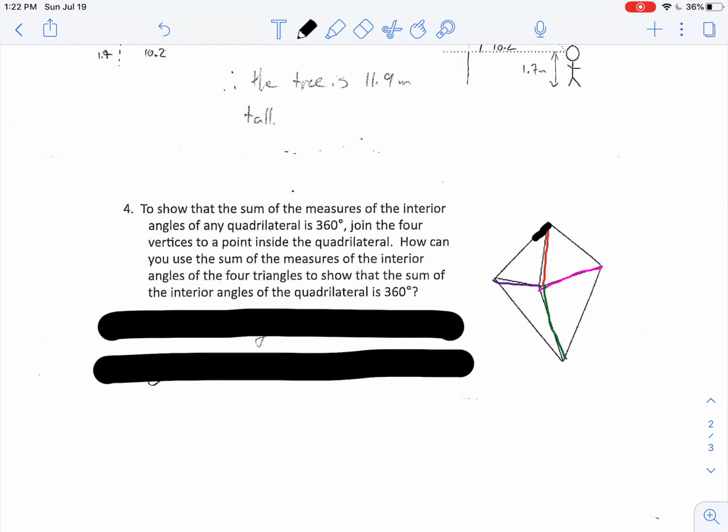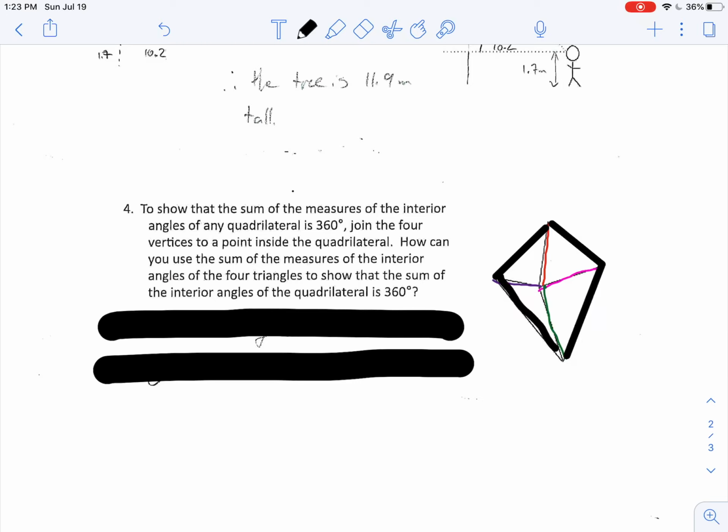So this shape, just excuse my not awesome drawing. Let's try one more time. Better. So the shape that I'm outlining in black is the quadrilateral.